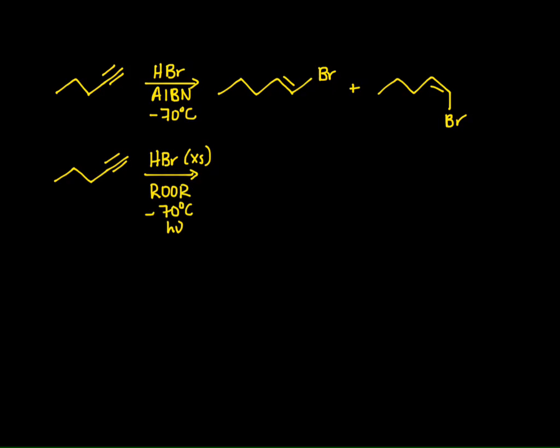Now, interestingly enough, if I use an excess amount of HBr, right? So I'm treating 1-pentyne with HBr, but now I have at least 2 molar equivalents of HBr, then what happens is I get dibromination. Now, interestingly enough, that dibromination results in the formation of a vicinal dibromide, right? So here I am forming a vicinal dibromide.